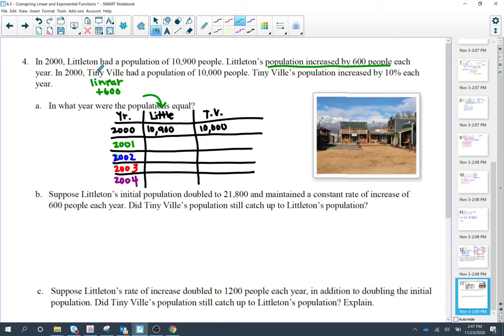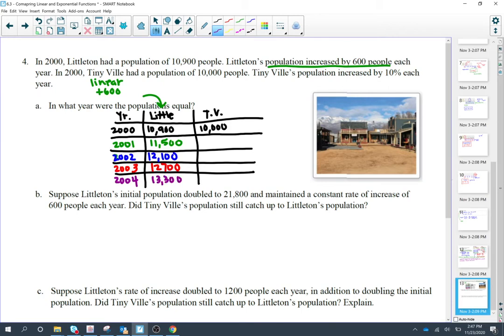We're going to start with 10,900 plus 600, 11,500, plus 600, 12,100, plus 600, 12,700, and then plus 600, 13,300.